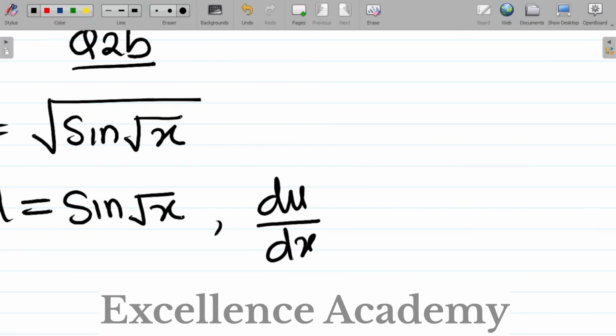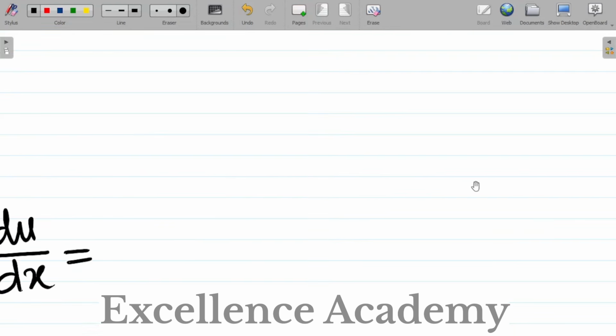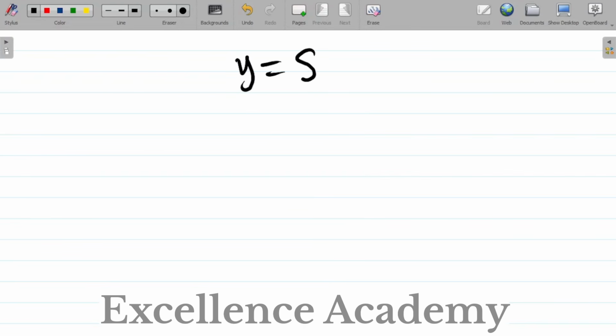To get du/dx, all I have to do is differentiate sine root x. If I differentiate sine of root x, what do I get? I'll pick up this one here, sine root x, as a separate question and differentiate it. So let's say y is equal to sine of root x.